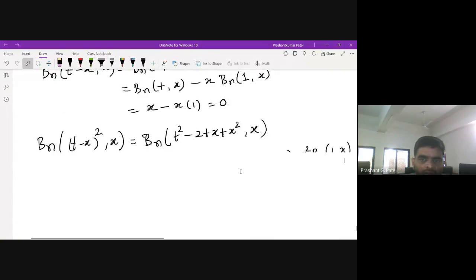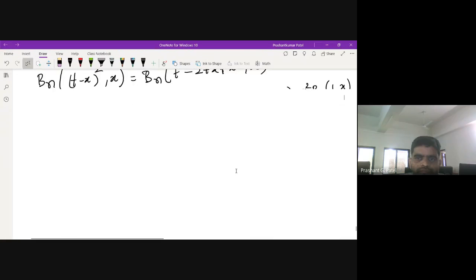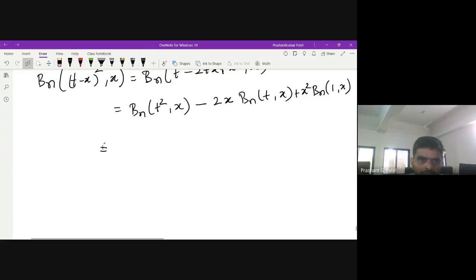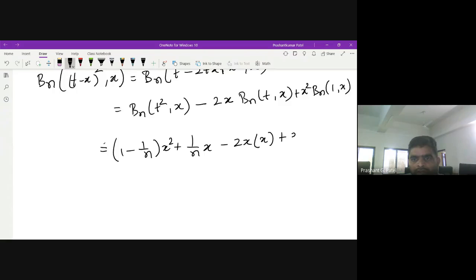So this is equal to 1 minus 1 by n x square plus 1 by n x minus 2x, Bn of t is x which we already calculated, plus x square into 1, since Bn of 1 is 1.